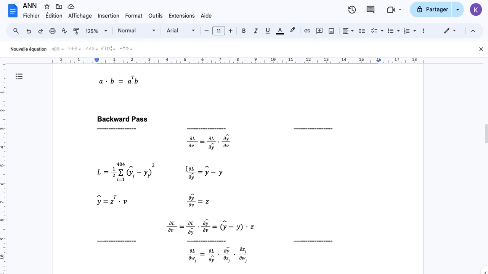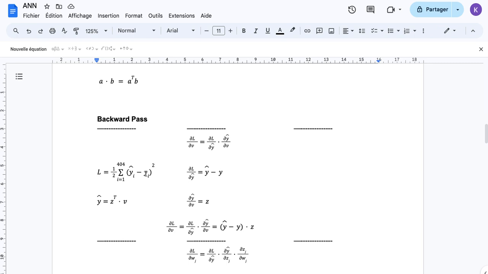The partial of the loss function with respect to prediction vector y hat is the difference of the prediction vector y hat and the corresponding target vector y. Now, this is kind of intuitive because we know that the loss function is the sum of the squares of the difference between each prediction value and its corresponding target value.